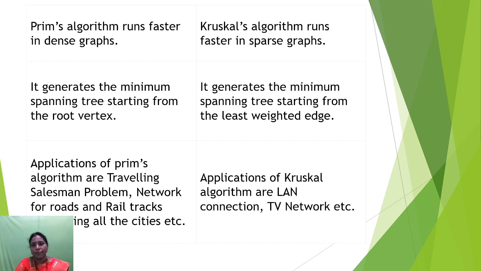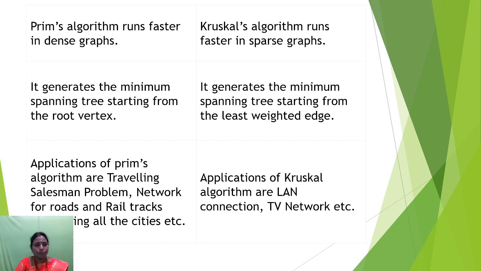Kruskal algorithm runs faster in sparse graphs. Prim's algorithm generates the minimum spanning tree starting from the root vertex. But Kruskal algorithm generates the minimum spanning tree starting from the least weighted edges. In our tabular column, initially we assign all the vertices from the lowermost so that it chooses the least weighted edges.